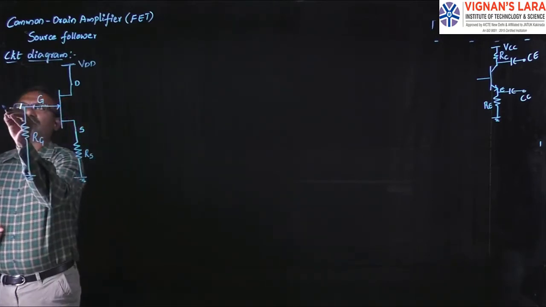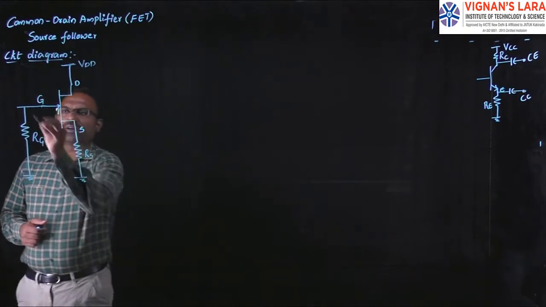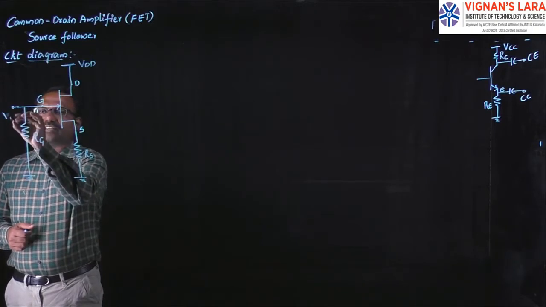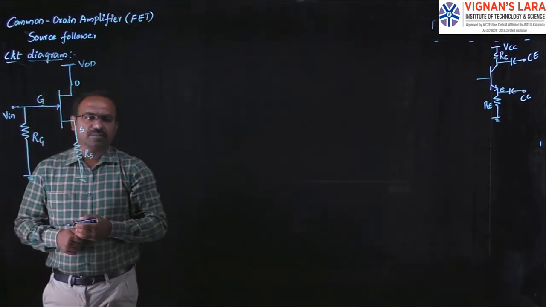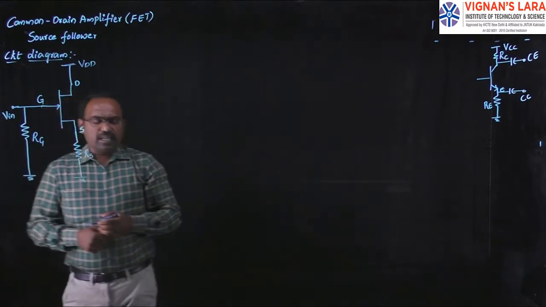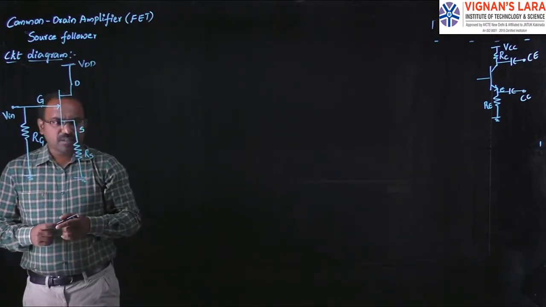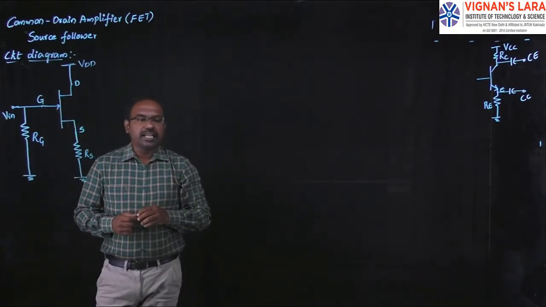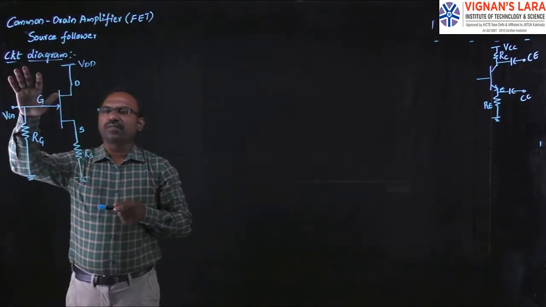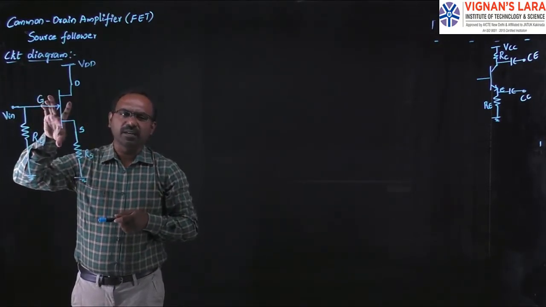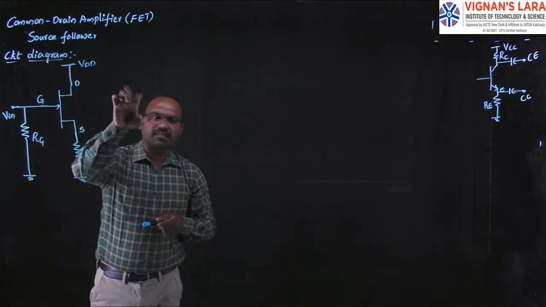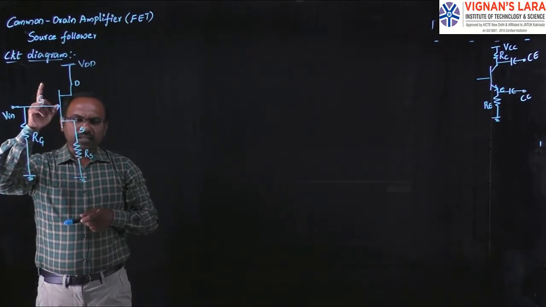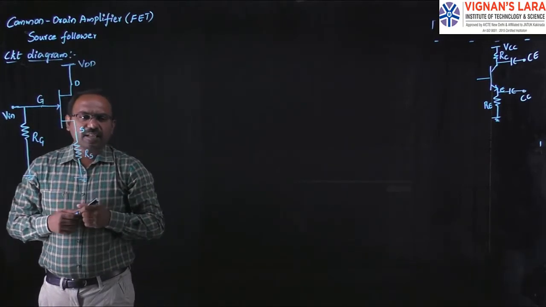Right? So from this, the input is given with a capacitor. I am not including the capacitor, I am directly writing V in. And the output is taken across the source terminal, not across the drain terminal. If it is common source amplifier, the circuit diagram is like this, but the output is taken across the drain. But if it is common drain amplifier, the output should be taken across the source.